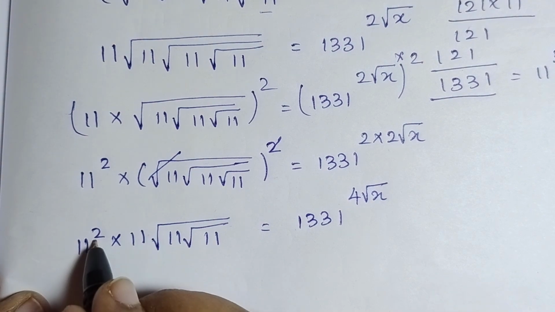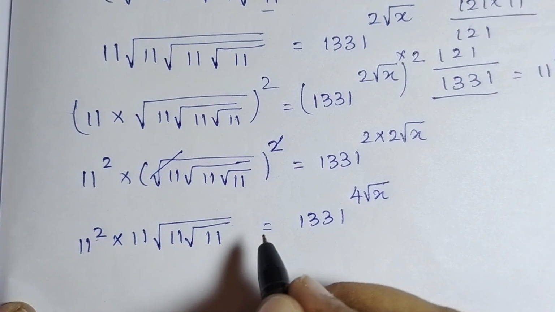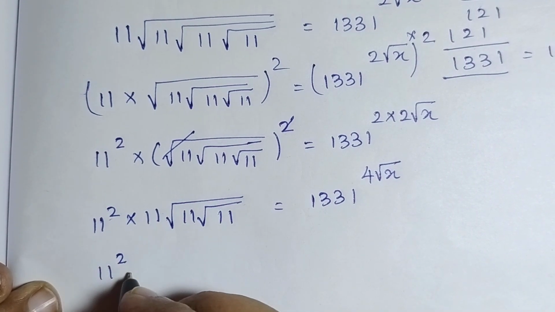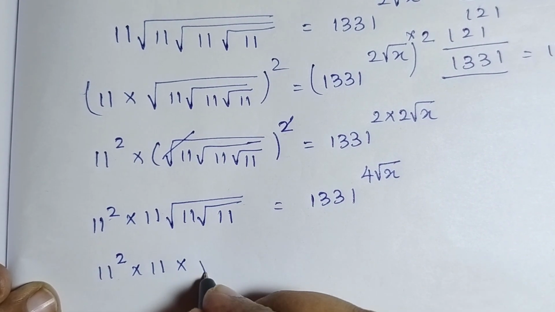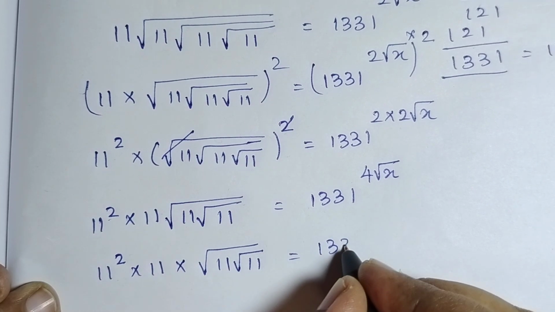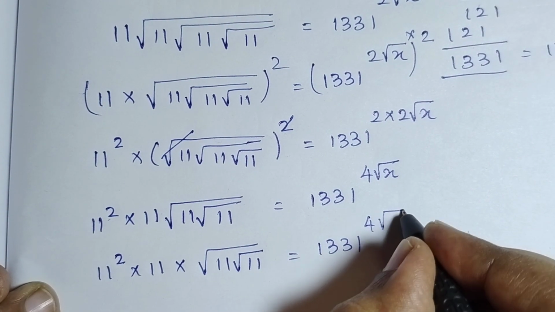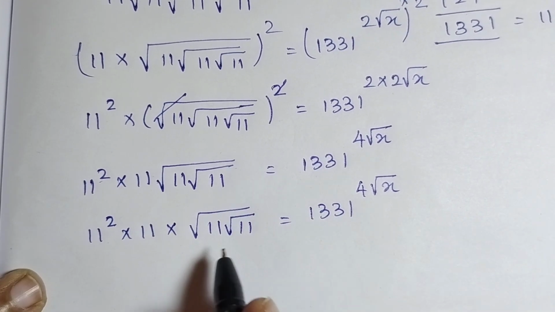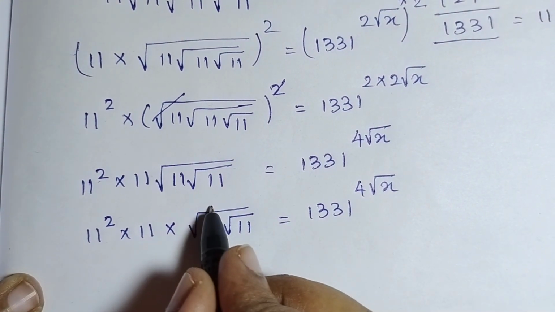Next step, I need to separate this number term from this, and I am going to write this: 11 square into 11 into root 11 inside root 11, which is equal to 1331 to the power of 4 root x. Now the next step is I need to remove this root.